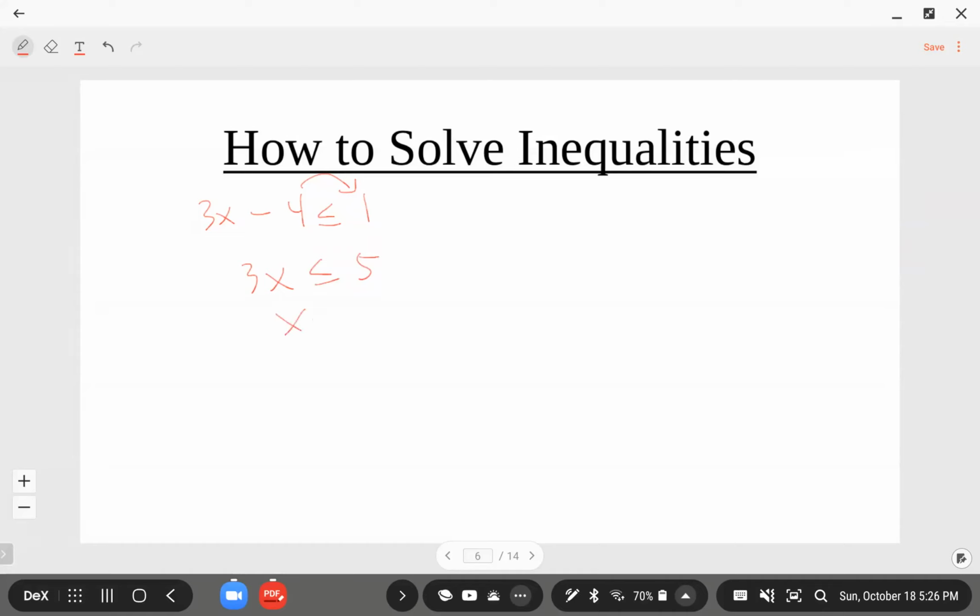Actually, this one is a two-step equation because you have to divide by 3 as well. So x is less than or equal to 5/3. Very good, and that was a very simple equation.